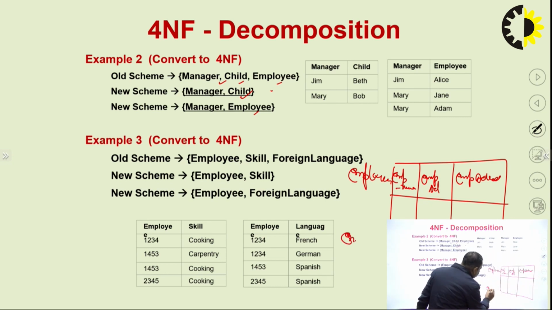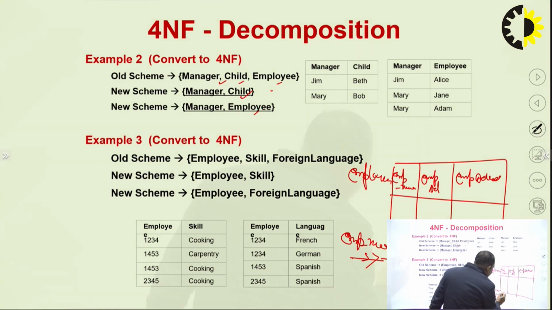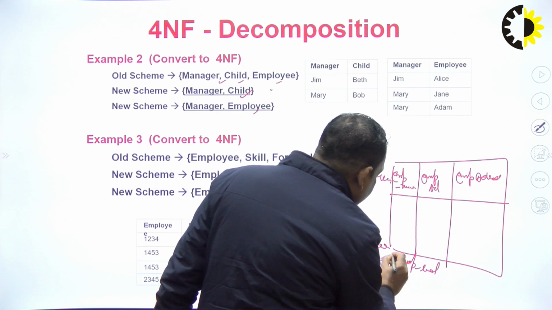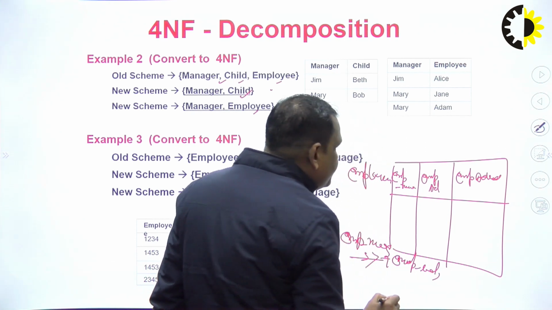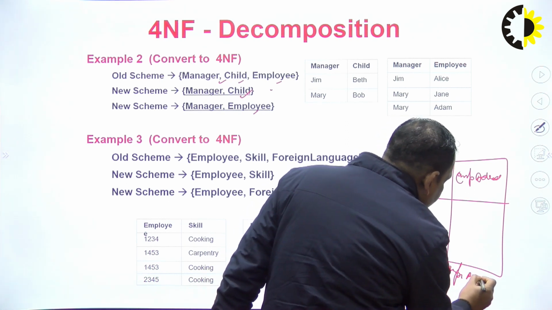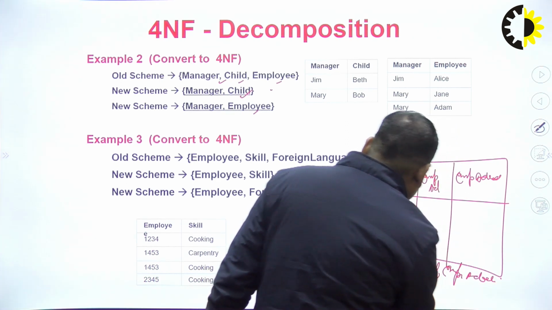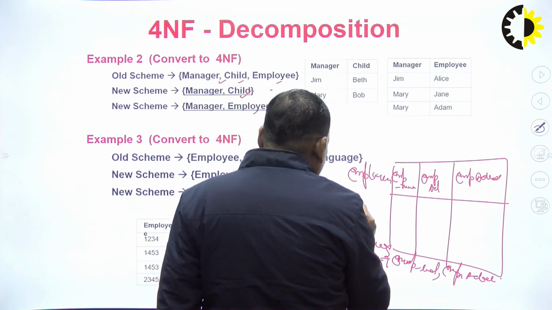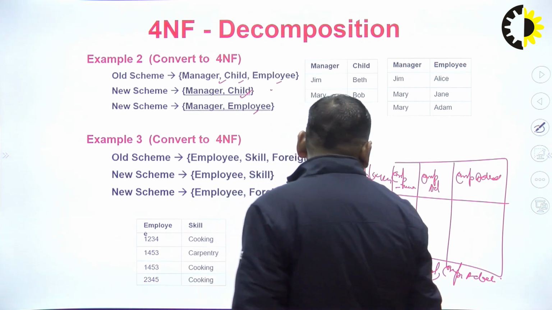Employee underscore name multi-value determines employee ID and employee address. This is called a fourth normal form.